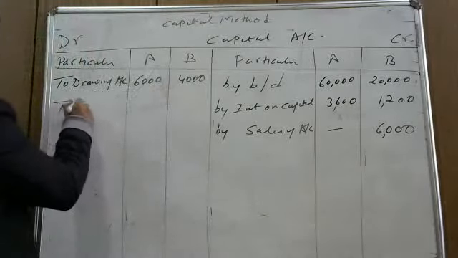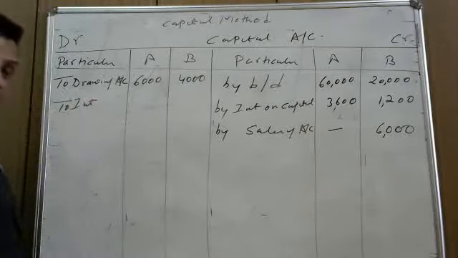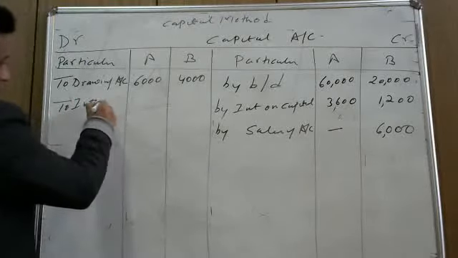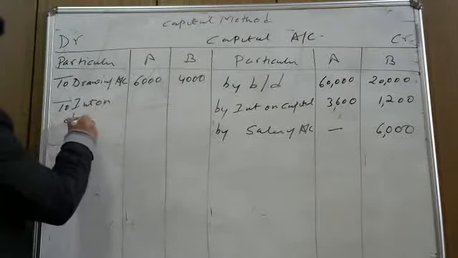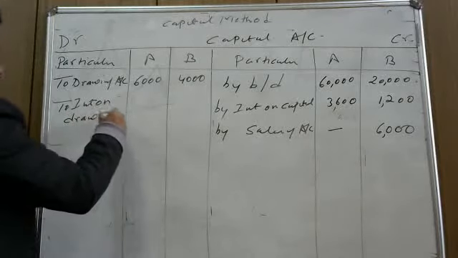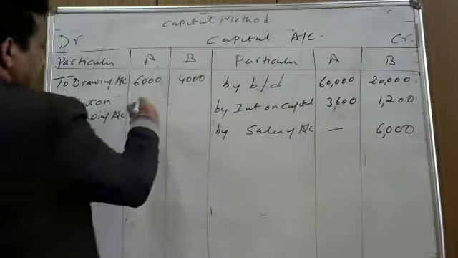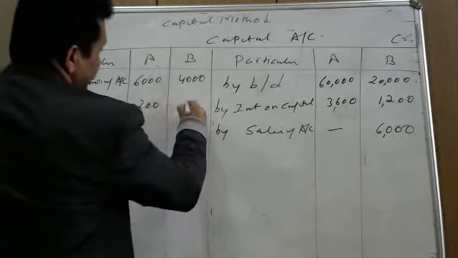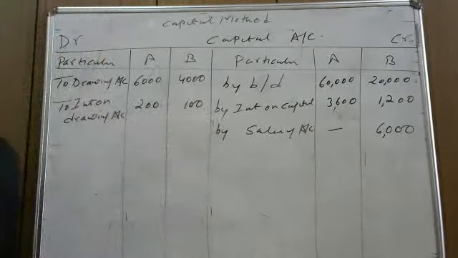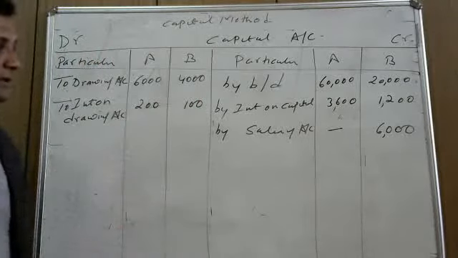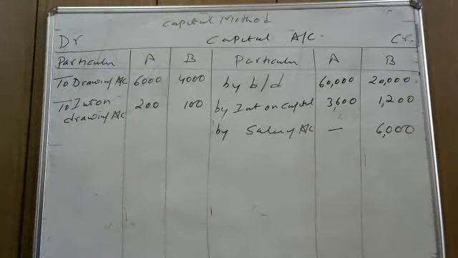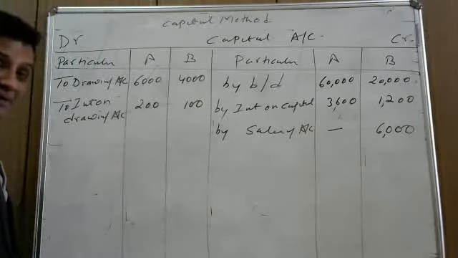Next is they need to pay interest on their drawings. Write over here to interest on drawing account. How much does A need to pay? As given in the question, A needs to pay 200 and B needs to pay 100 rupees as interest. No further thing is given in the question. One more thing, P&L appropriation account.